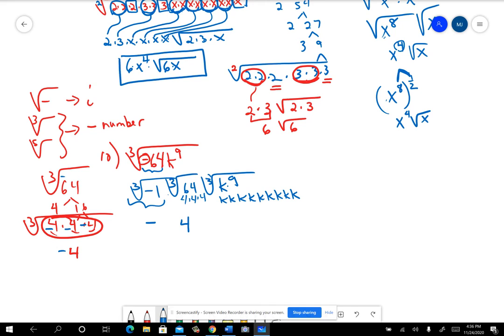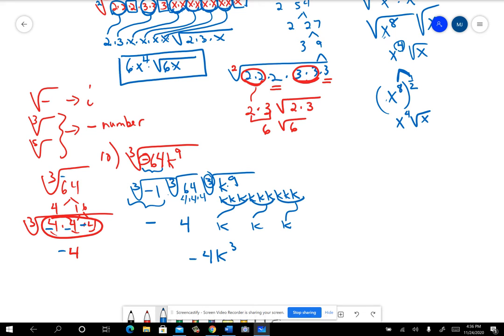This time we're looking for groups of 3. So we use them all up. Every one of them is a group of 3. So we can bring out of the radical 1 for each of these, but then there are no factors left. So our final answer on this one would be negative 4k to the 3rd.